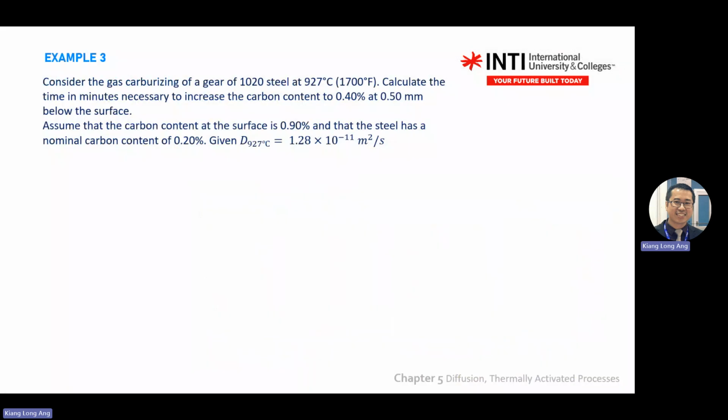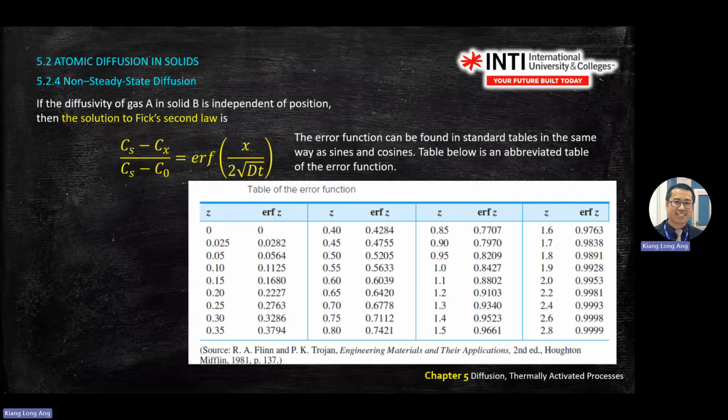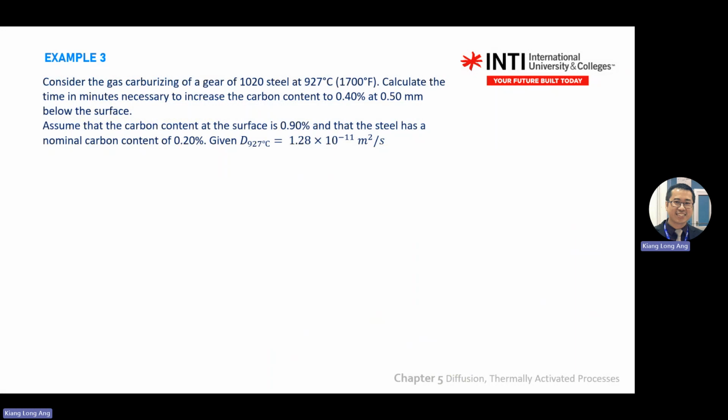Now example 3 is a demonstration of how you apply this. What you see on the whiteboard here is the first case, the first law. Example 3 is non-steady state. Carburizing a gear of 1020 steel at 927 degrees Celsius.